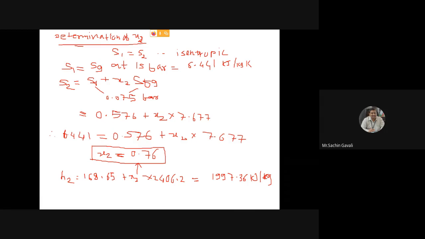So H3 is equal to what we can write now.